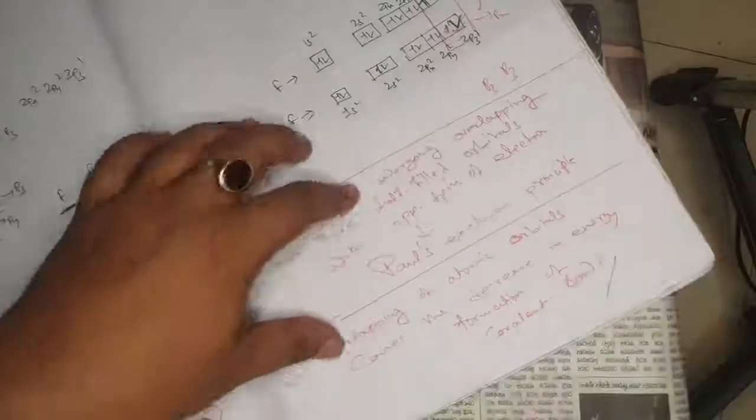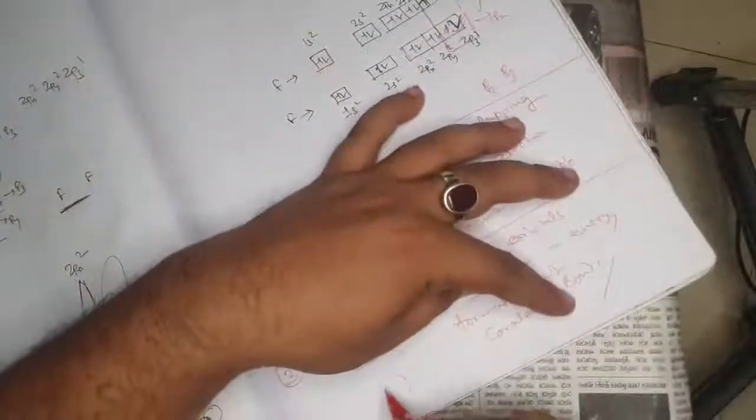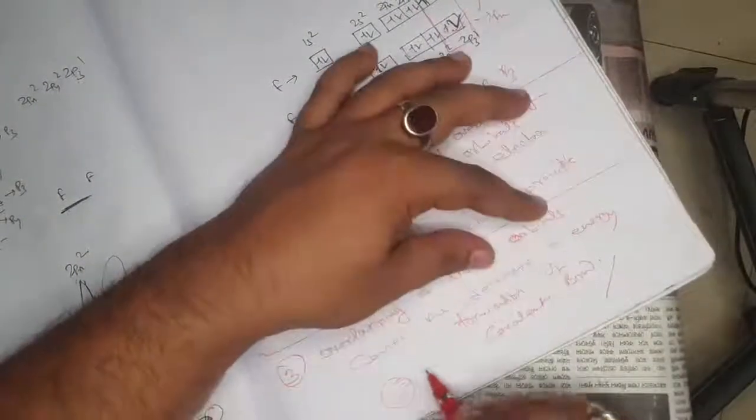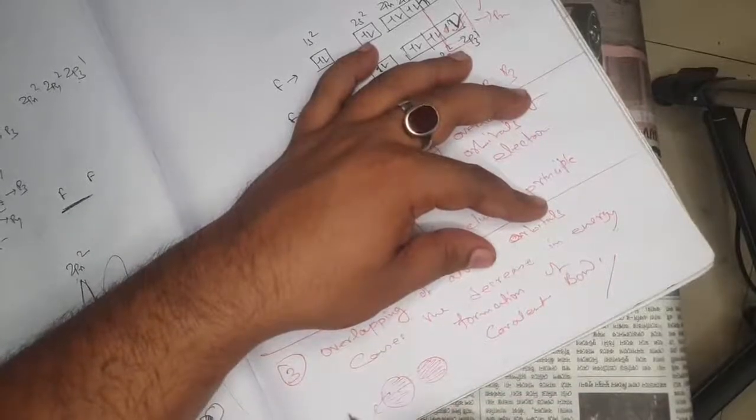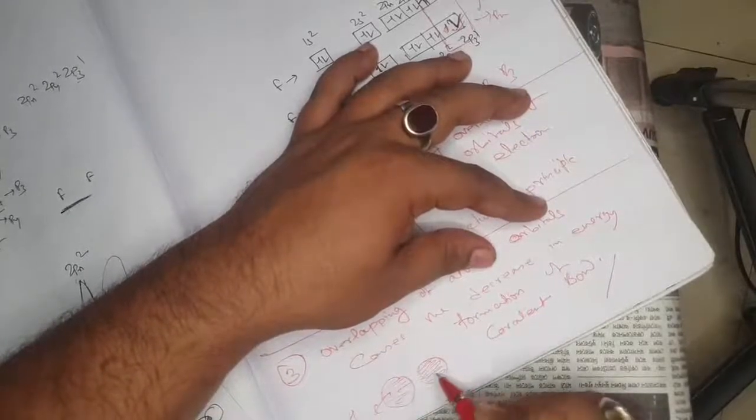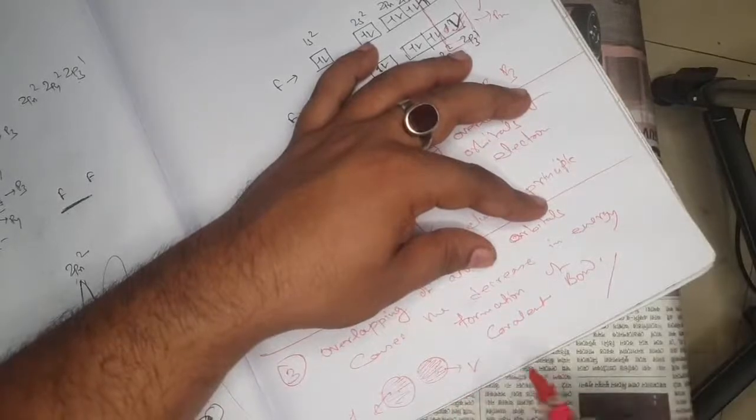Yes, obviously, because suppose there is an atomic orbital and there is another atomic orbital. Now suppose this orbital is half filled, having only one electron, and this orbital is also half filled, having only one electron.